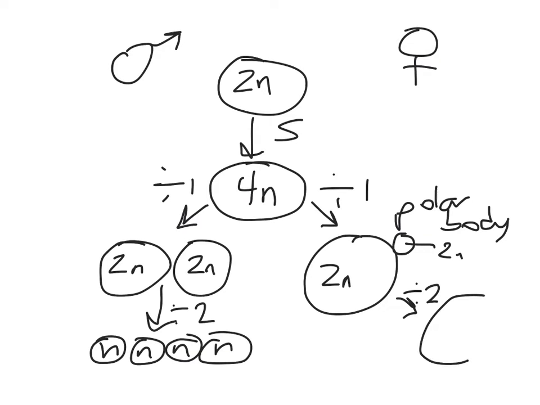This is also unequal, produces the N, the oocyte, the functional gamete, and then another polar body, the second polar body. And the first polar body can divide again and produce 2 more N. And those are technically also polar bodies. Yeah, those are also polar bodies. They're the daughter cells from the first polar body.